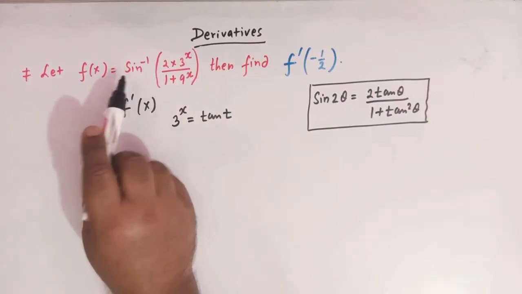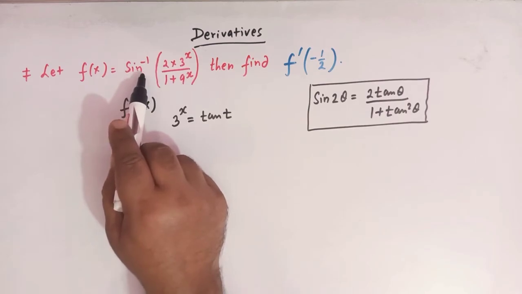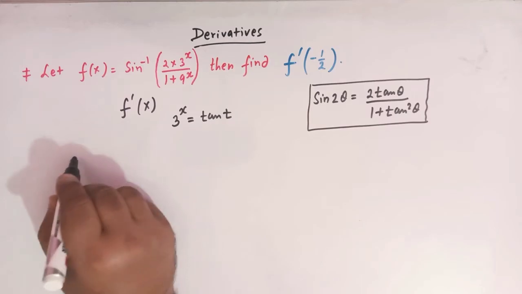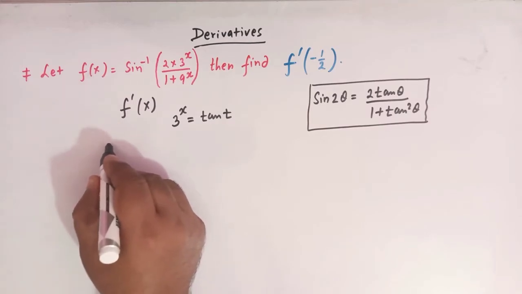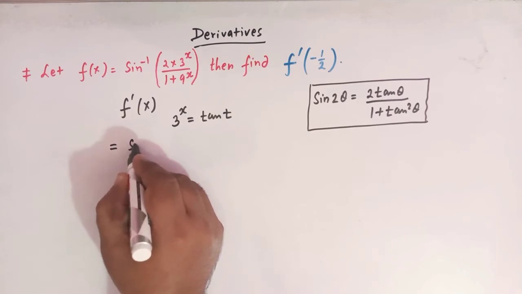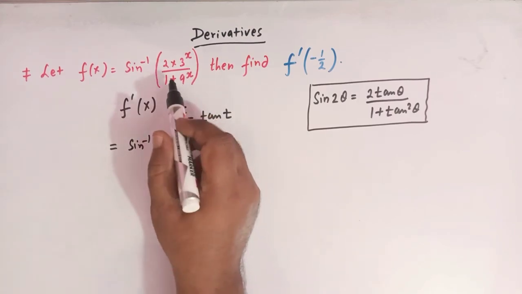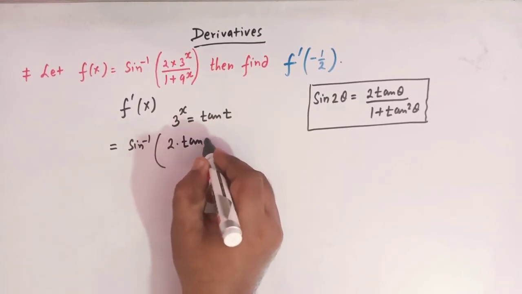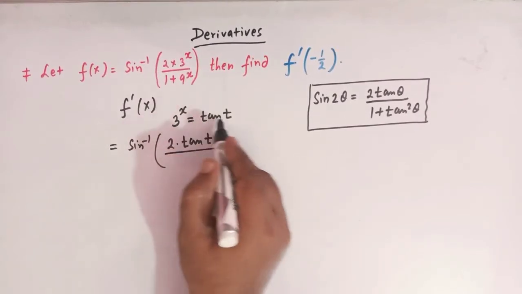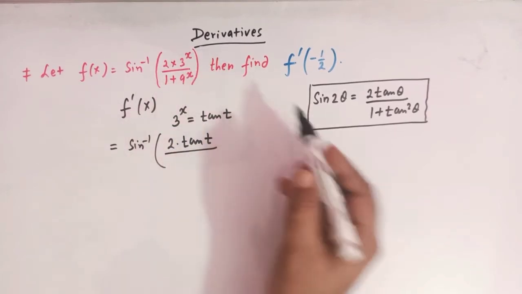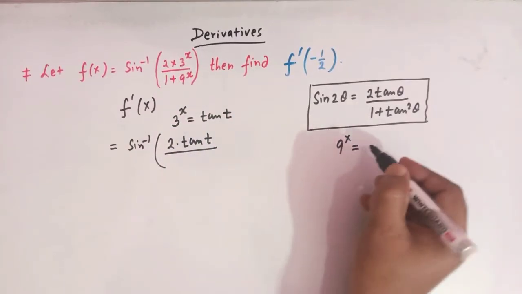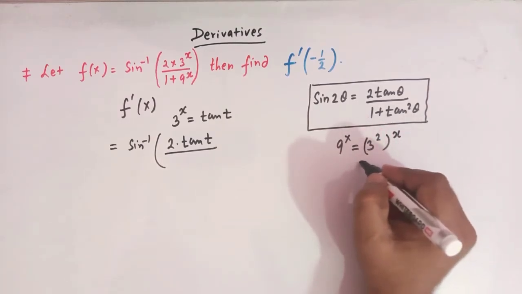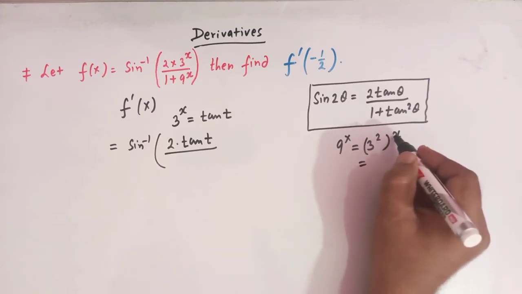So let us see how we can reduce this function to this formula. This function f of x now becomes sine inverse of 2 times tan t, because 3 raised to x is tan t. And 9 raised to x can be written as 3 square raised to x, and now we can interchange these two indices.